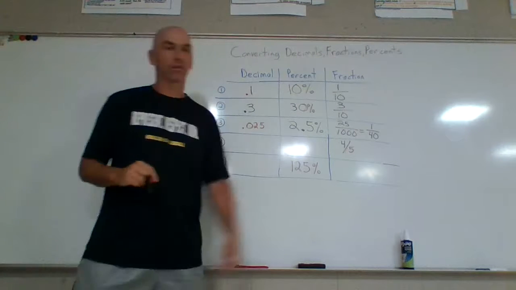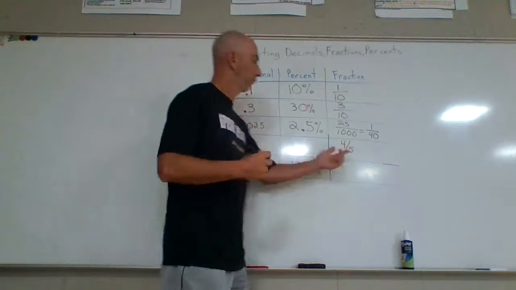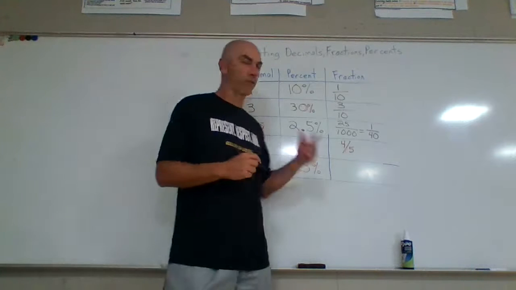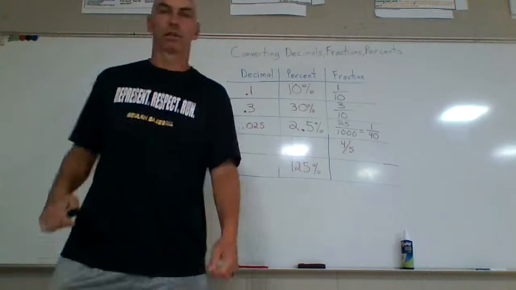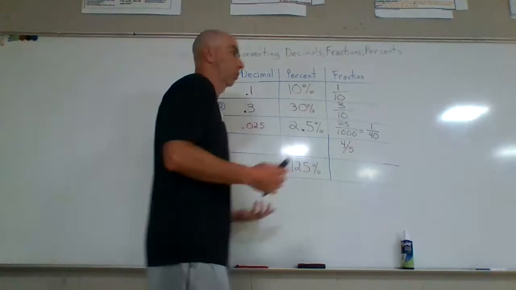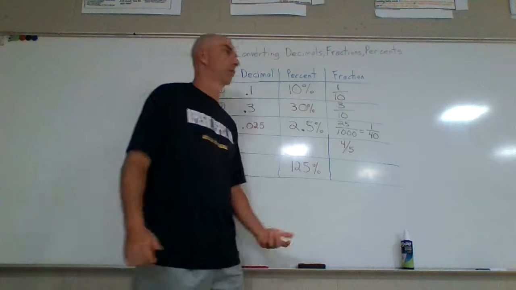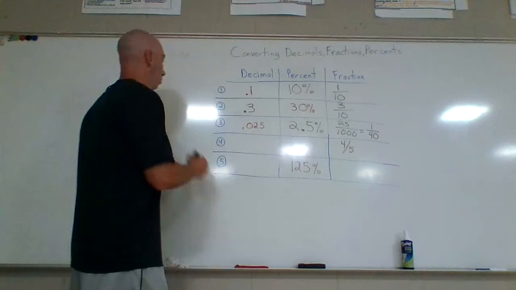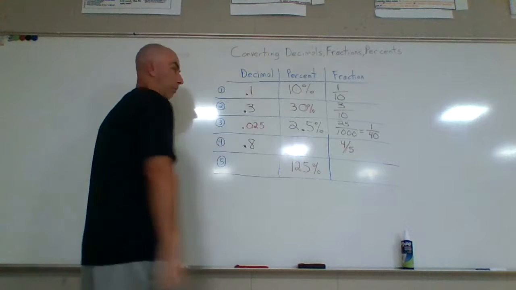Number 4 just gives us a fraction. Now remember this. The fraction 4 over 5 also means 4 divided by 5. So you can take your calculator if you want to and ask, what's 4 divided by 5? And the calculator is going to give you the decimal answer, 0.8.